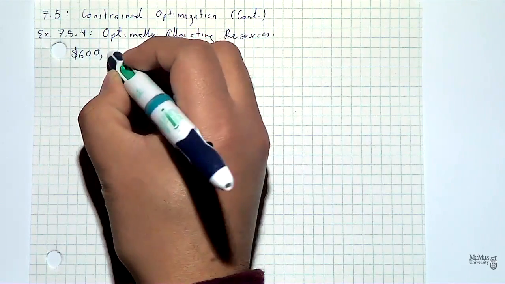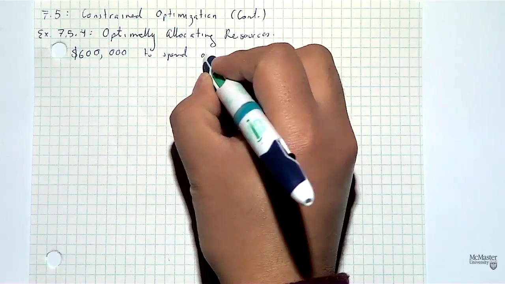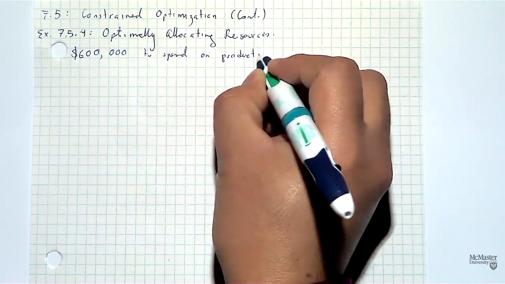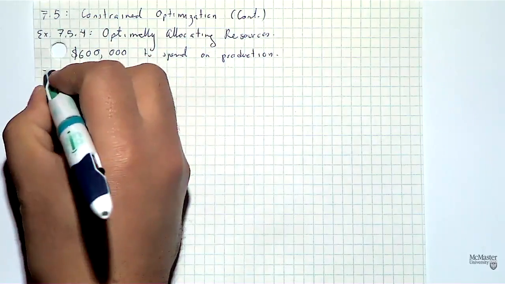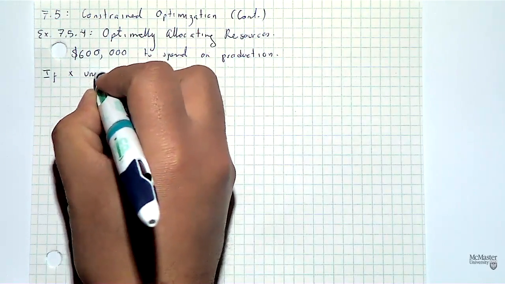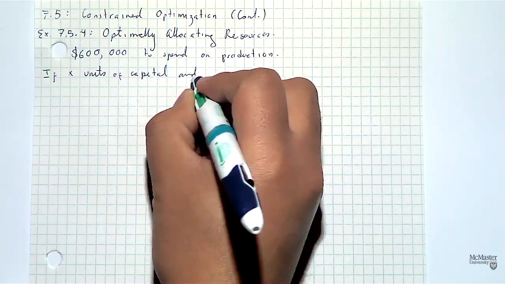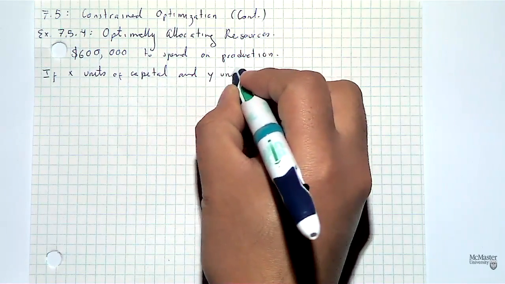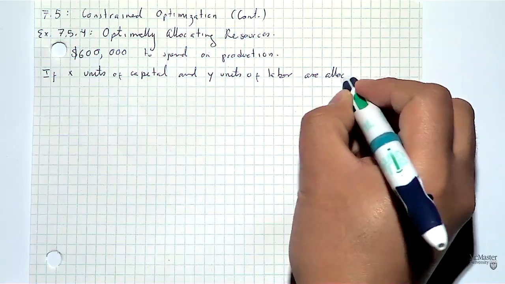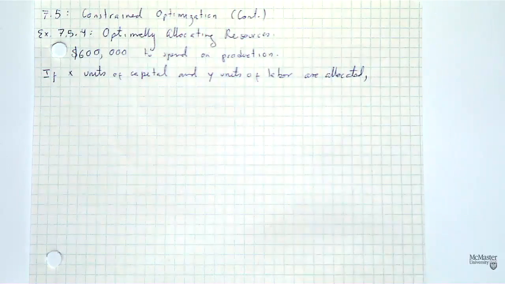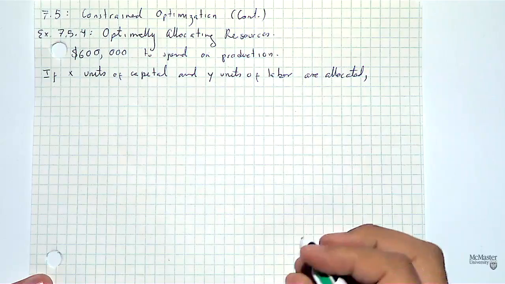So you have $600,000 to spend on production. And then, if X units of capital and Y units of labor are allocated, then you're given the information of the production function in terms of these two variables.